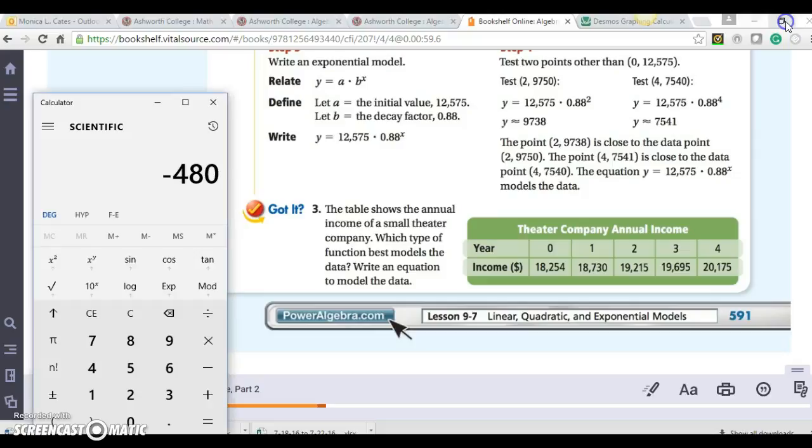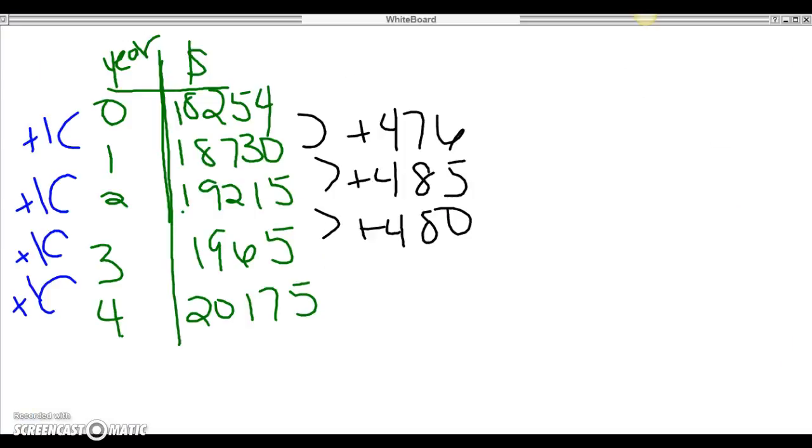And then the last one is 20,000 minus 175. And you can actually flip them around. It might be better to flip them around because I am adding. So to get from here to here, I'm going to have to add. And if I want to actually find the value, I will have to subtract. That's why my values are coming out negative, and they should be positive because I'm doing it in reverse order. But we know that we're really adding. So it looks like they're all around 480.